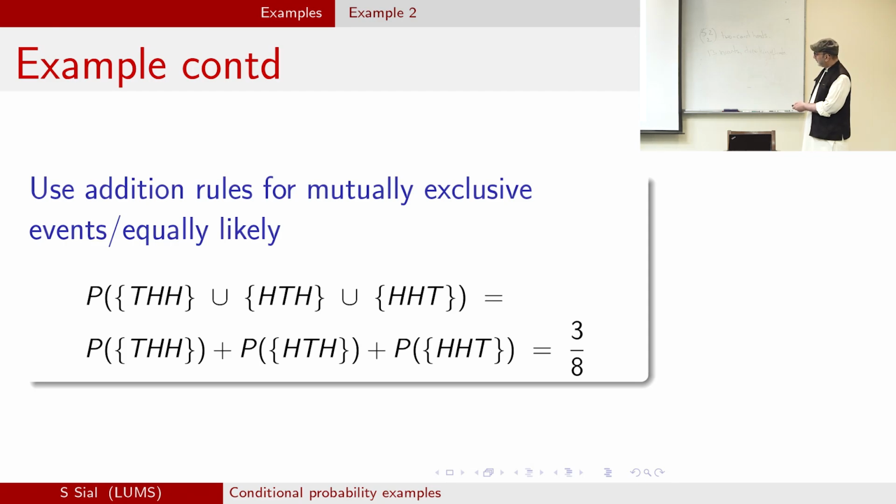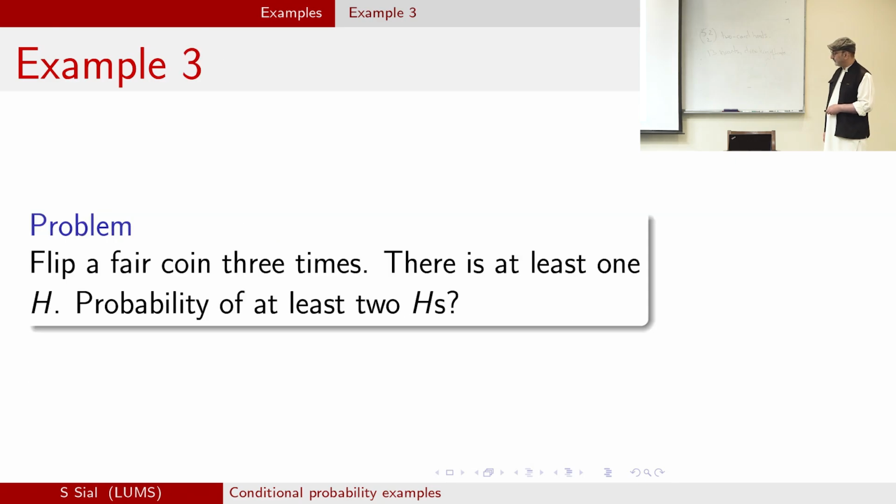That's 3 results. One way of looking at it is that's 3 results out of 8 results, right? 2 to the 3, 8 possible distinct results. So that would be 3 out of 8.